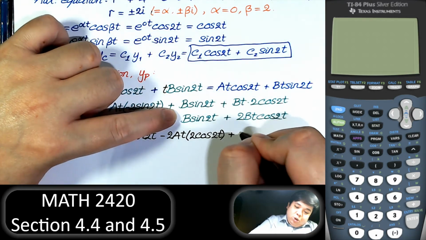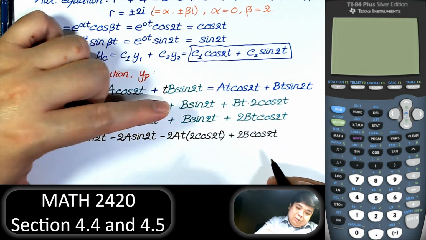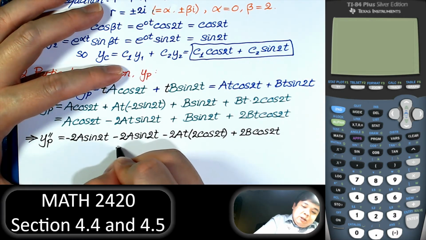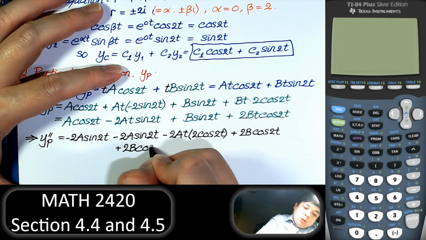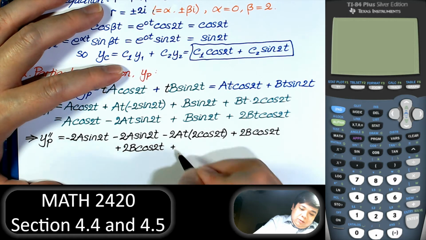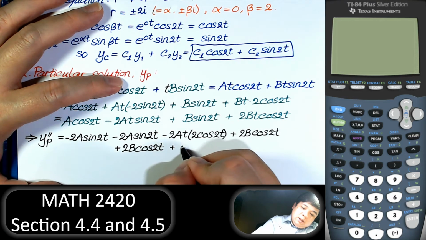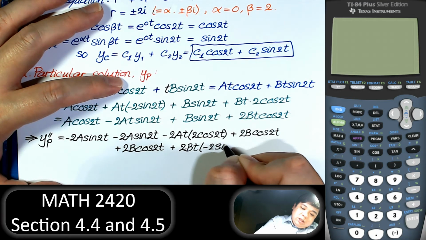Derivative of this is 2b cosine 2t and then derivative of that, 2b cosine 2t, plus 2bt negative 2 sine 2t.